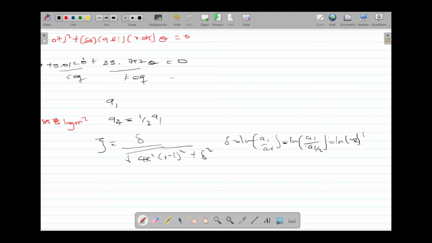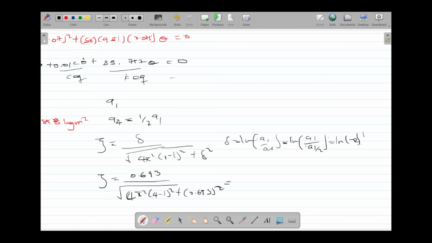0.693, so zeta will be equal to 0.693 all over square root of 4 pi squared (r will be 4, so 4 minus 1) all squared plus 0.693 squared.